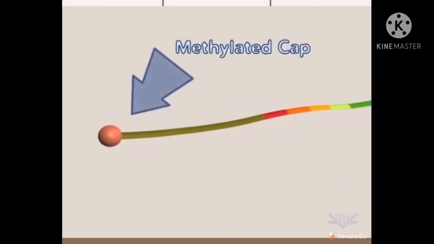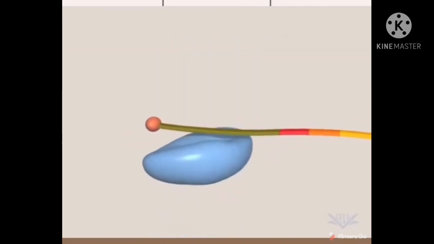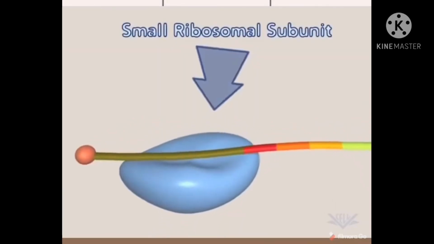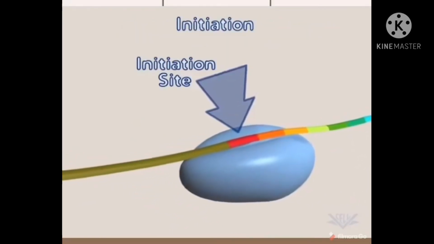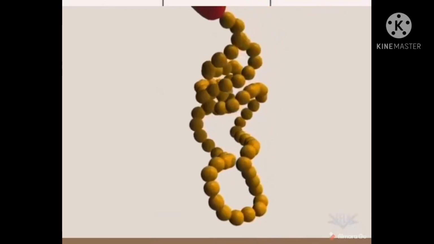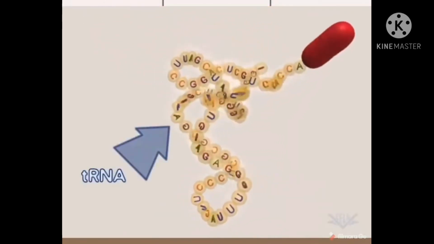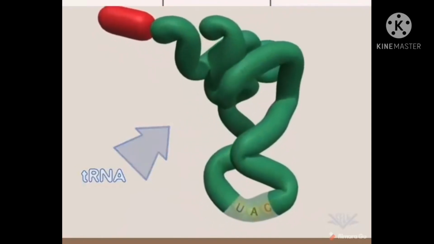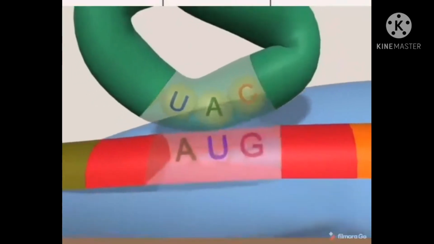This is a codon specific to the amino acid methionine, which is nearly always the first amino acid in a polypeptide chain. At the 5' cap of mRNA, the small 40S subunit of the ribosome binds. Subsequently, the larger 60S subunit binds to complete the initiation complex. The next step can now commence.